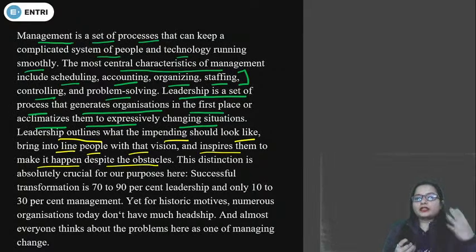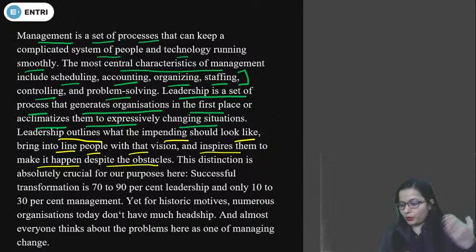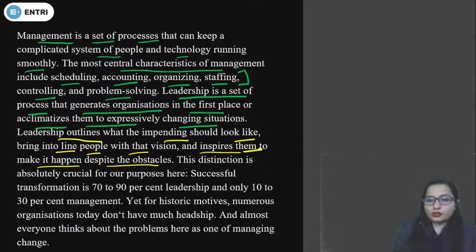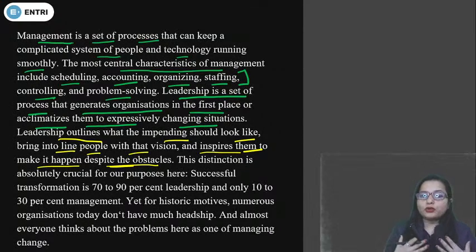It gives the vision and direction to the people so that they can go on the right path, and it inspires them. You are going to face obstacles, but you have to go through them. The quality of leadership is mentioned here.